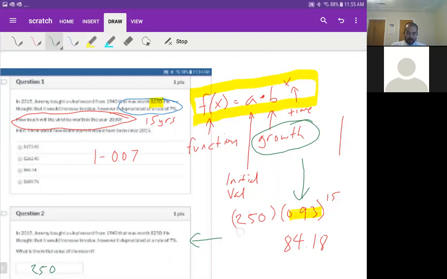That's what went here. The depreciation was 7%, so we did 1 minus 0.07, which got you this right here. If it depreciates by 7%, if you have 100 and you lose 7 of it, then you have 93 left. So you have 100%, it depreciates, you lose 7%. That's what you have here. This was the answer to question 1, which I went over in the Zoom from today.